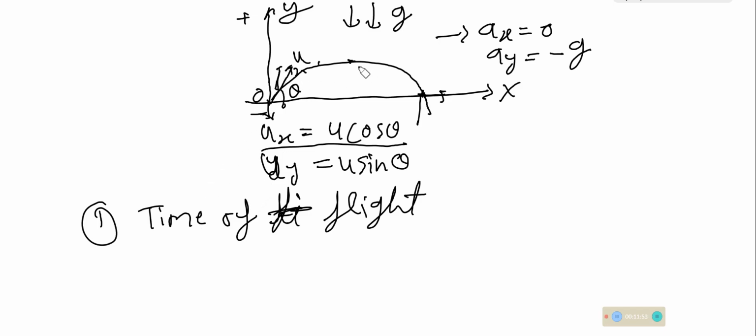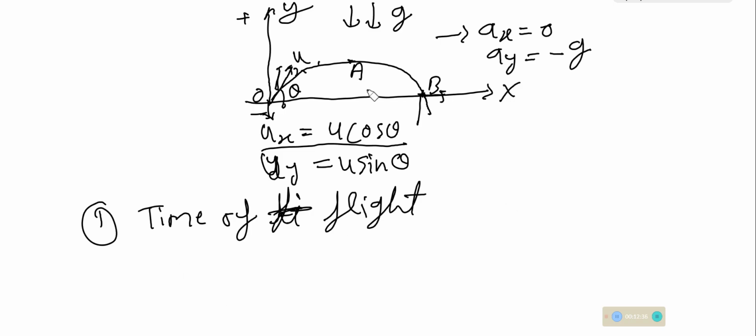This is the point O, this is the point A, and this is the point B. When the particle goes through this path OAB, the time taken by the particle to describe this path is known as the time of flight. We can say it is the time for which the particle flies in the air.